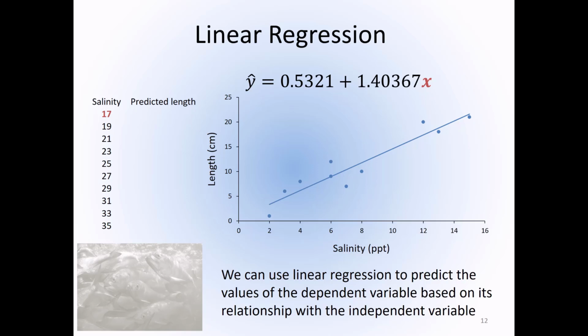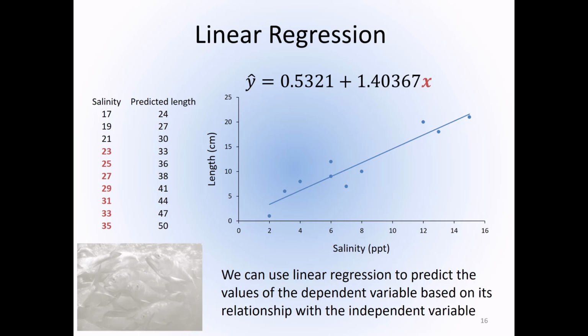For a salinity of 17, we should have a predicted length of about 24 centimeters. If we put 19 into our equation, we should get a predicted length of about 27. For a salinity of 21, our predicted length is going to be 30, and we can do this for all the potential salinities our fish may reside in.